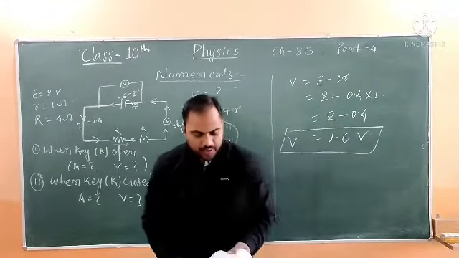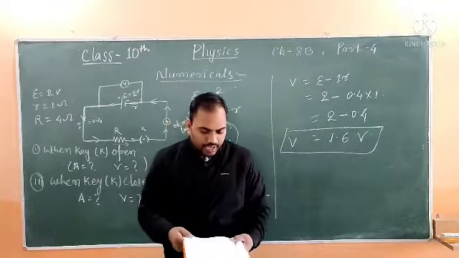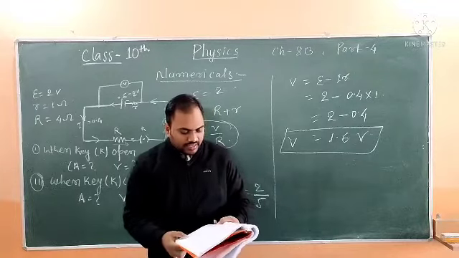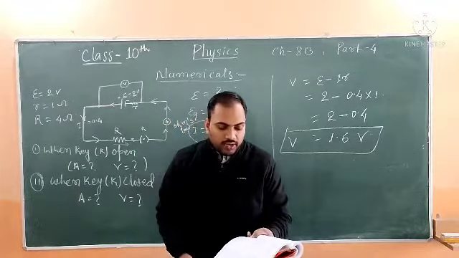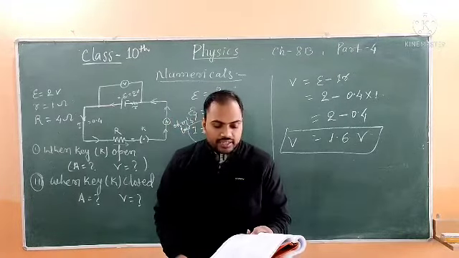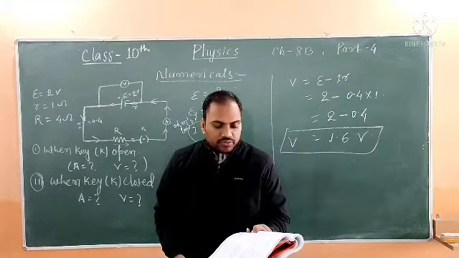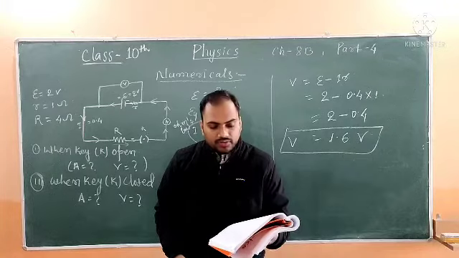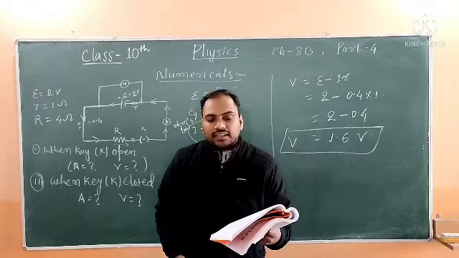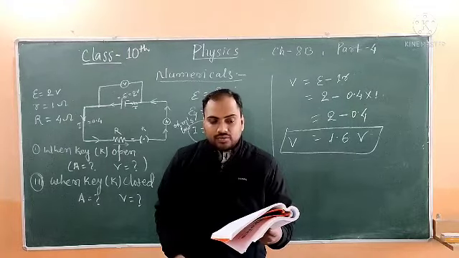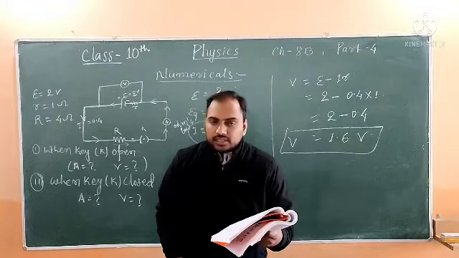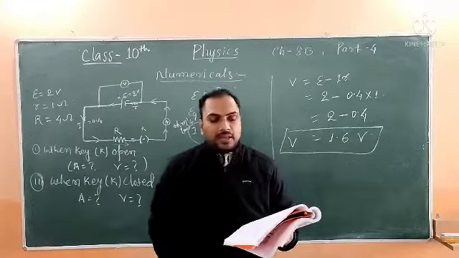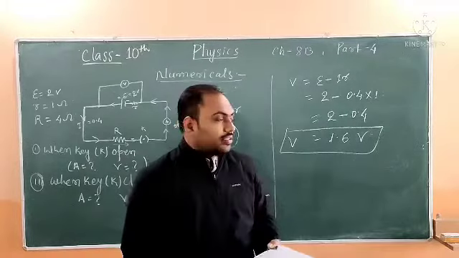A cell of EMF E, having internal resistance r, sends a current of 1 ampere when it is connected to an external resistance of 1.9 ohm, but it sends a current of 0.5 ampere when it is connected to an external resistance of 3.9 ohm. Calculate the values of E, that is EMF, and r, that is internal resistance.